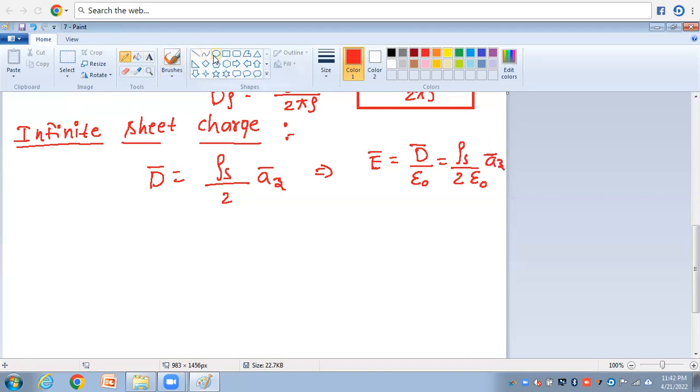Then I will take the box of this expression for D bar. This is the expression for infinite sheet charge. Once you go with the top side and bottom side, definitely you will get this result. Now based on this discussion, just remember these equations.